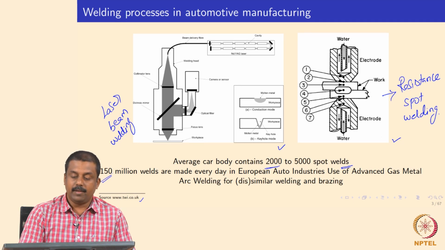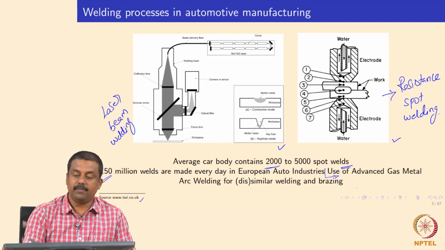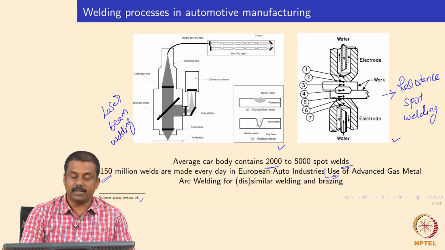Okay, so the trend is also moving, or is coming back, from laser welding and spot welding to the advanced gas metal arc welding as well, because of lightweighting. Lightweighting also introduces complexity in terms of material thicknesses and material composition.